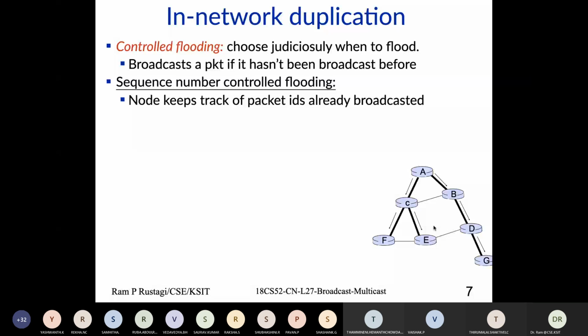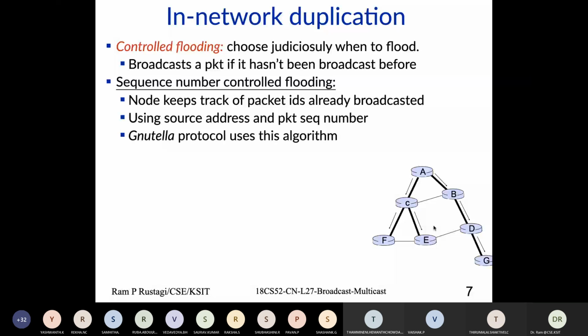But the challenge is that each router in the network needs to store what packets it has forwarded. It works fine, but I need more memory, and every time I get a packet I need to check the memory to see if I forwarded this packet, and if not, then I forward it.